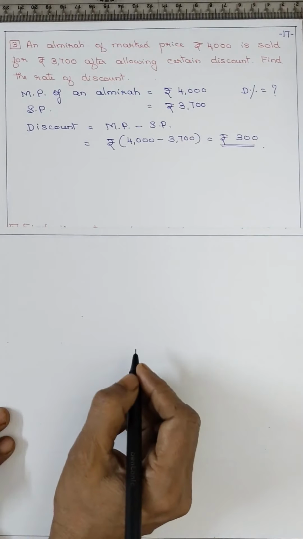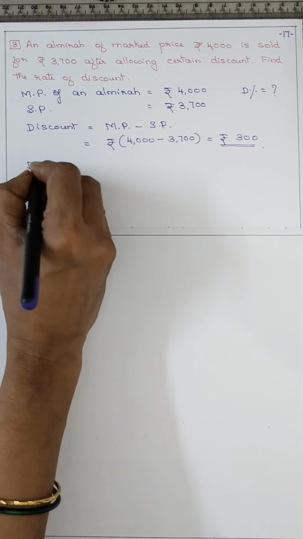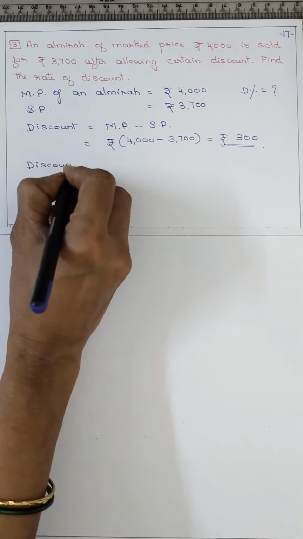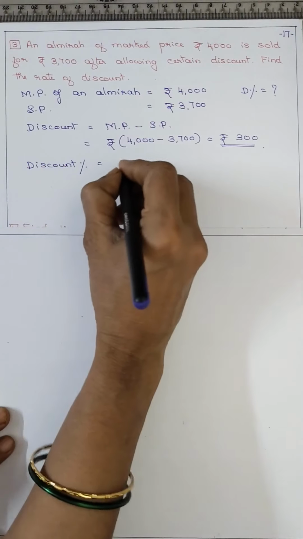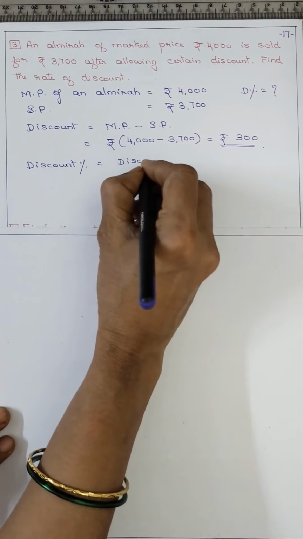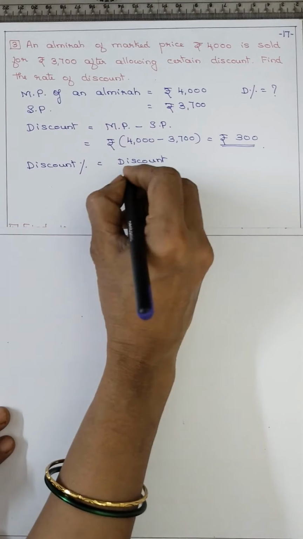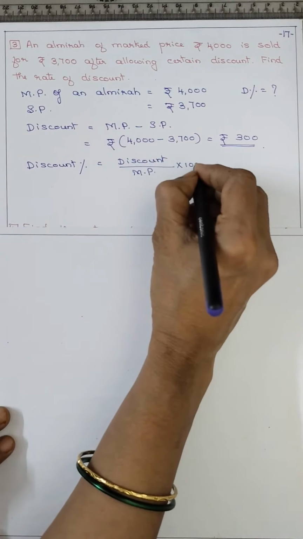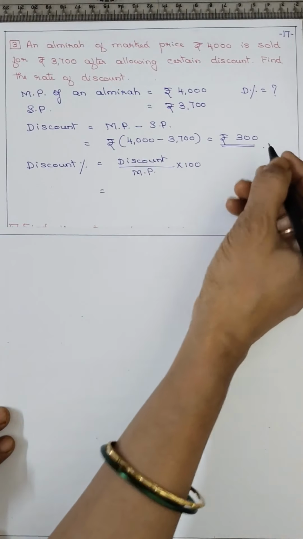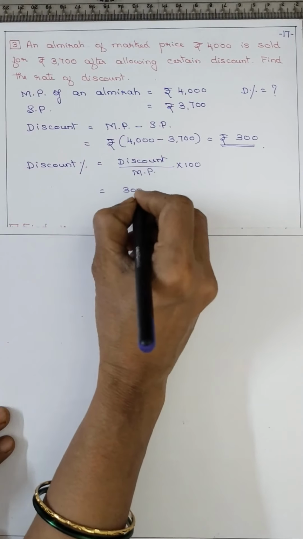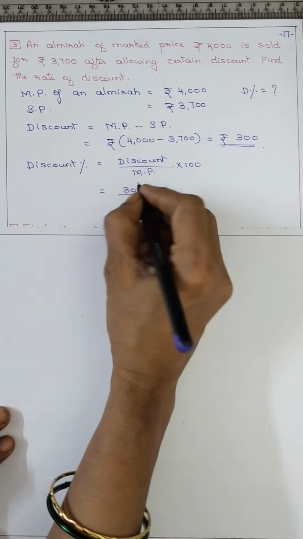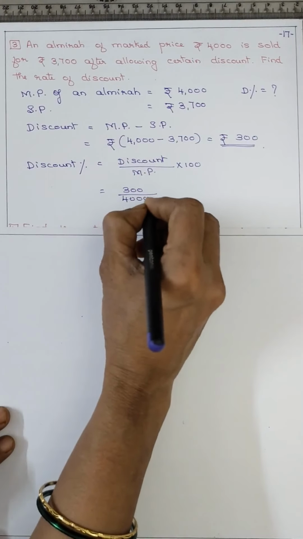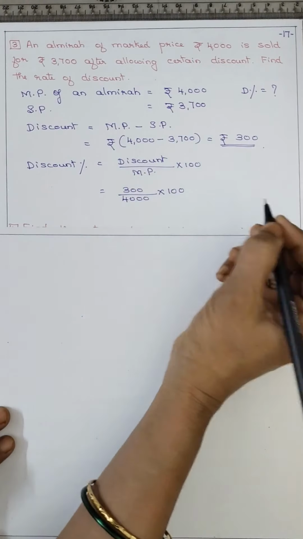This is the discount. What is the formula for discount percent? Discount upon MP into 100. Put the values. Discount is 300, MP is 4,000 into 100.